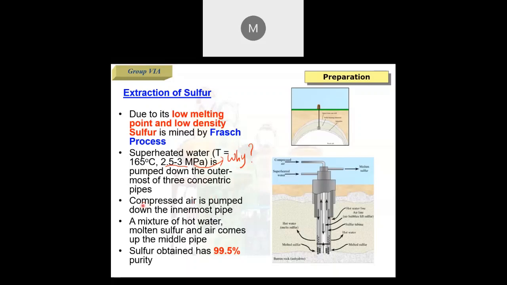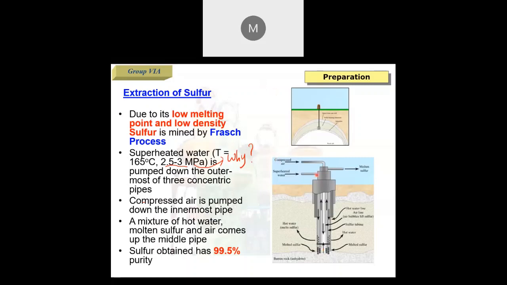Then compressed air is pumped down the innermost pipe, the center pipe. The superheated water will mix with the solid sulfur and melt it, forming liquid sulfur. When the liquid sulfur is mixed with the compressed air, it will form an emulsion.